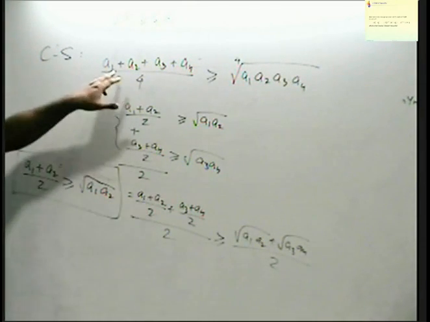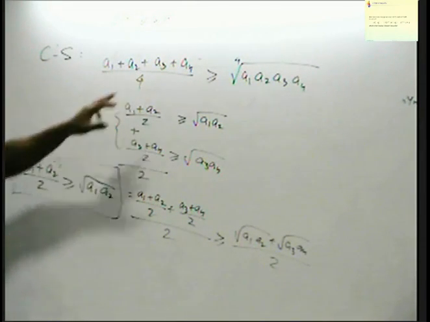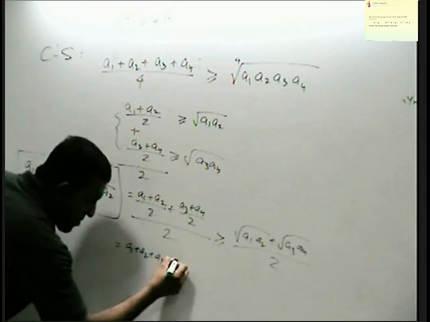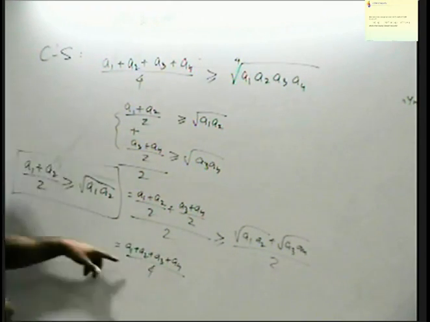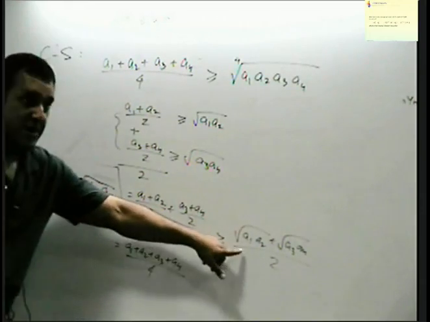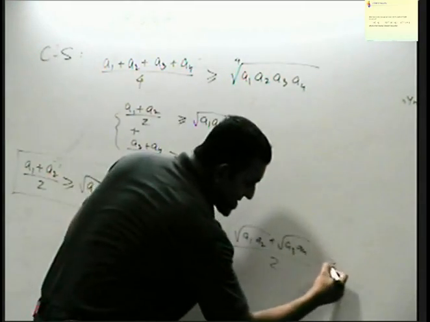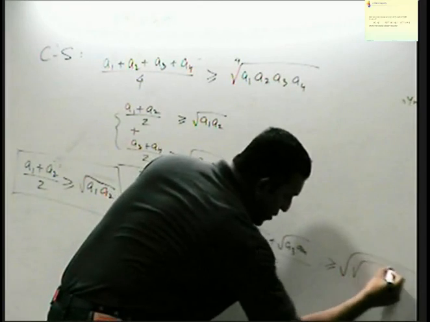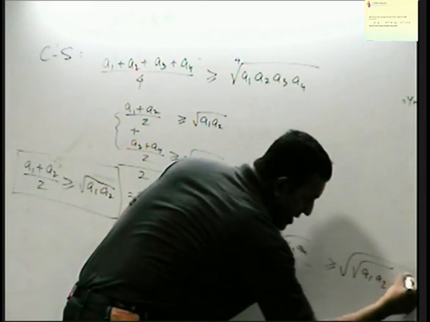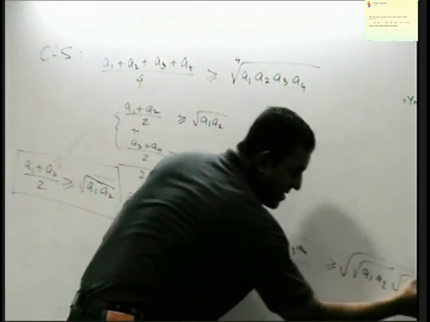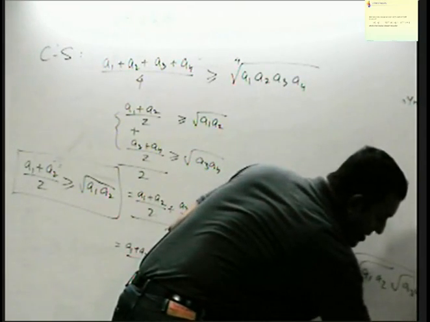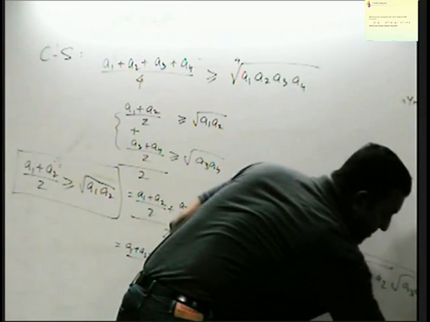This already is the AM of the 4 quantities, A1 plus A2 plus A3 plus A4. Everyone okay with this? And what has happened to this? Again apply AM-GM for 2 quantities, and thereby you get square root of A1 A2 A3 A4, which is the 4th root of A1 A2 A3 A4.